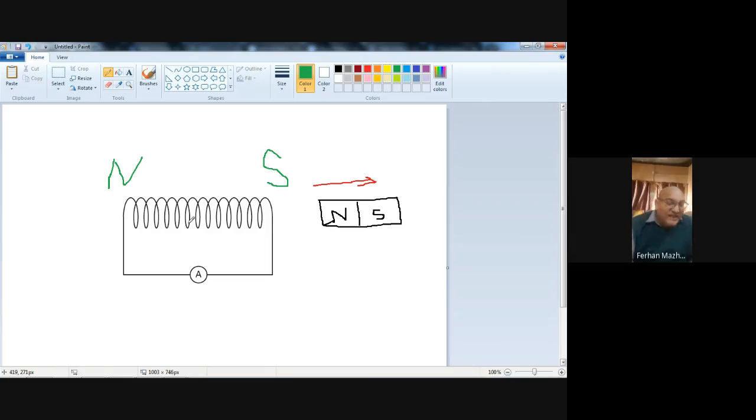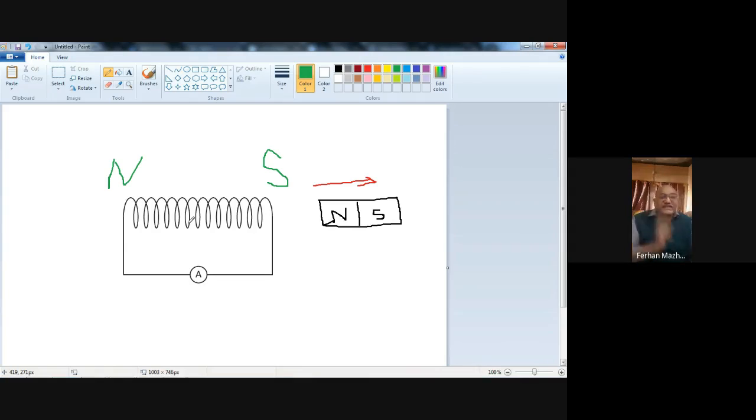Another very important word he used is that he withdraws the bar magnet quickly. When you move the bar magnet quickly, the amount of EMF induced will be larger, so the galvanometer will show a larger deflection.